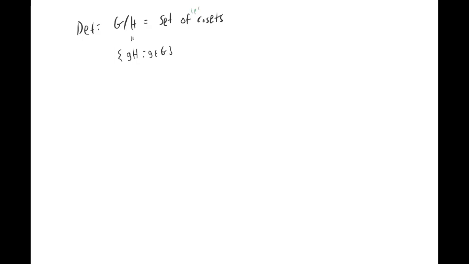This is the one thing I won't prove, but the idea is that cosets partition G. If we define a is equivalent to b in G if and only if aH is equal to bH, remember these are sets. aH is the set of elements a times h, where h is in H. Same for b. Then tilde is an equivalence relation.